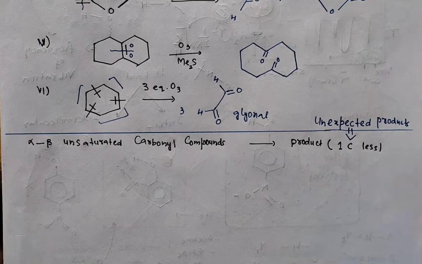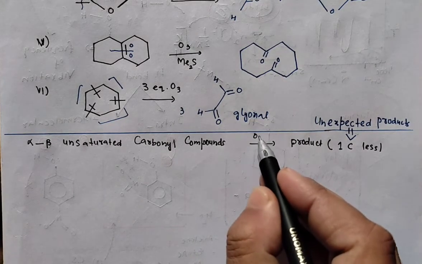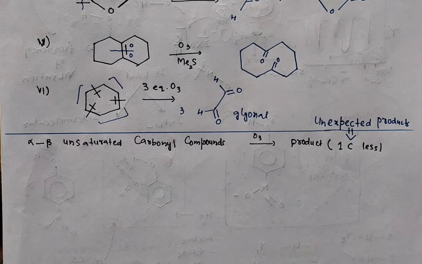Remember this. In case of alpha beta unsaturated carbonyl compounds, if you do the ozonolysis, then the product is formed as per the normal procedure, but it will have 1 carbon less.